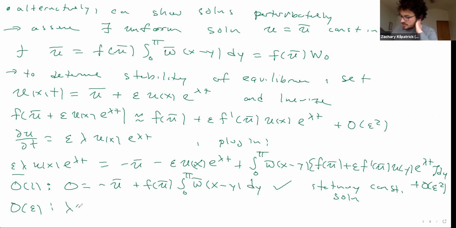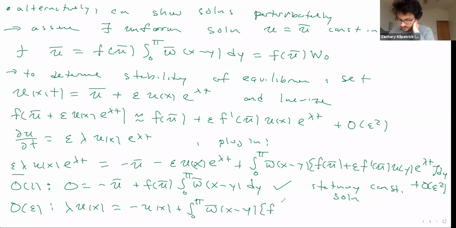So if we look at the order epsilon terms, we have lambda U of x. It turns out e to the lambda t appears in front of all of our terms, so we can just remove that. And we get lambda U of x equals minus U of x plus the integral from 0 to pi of W bar of x minus y f prime of U bar U of y dy, okay?